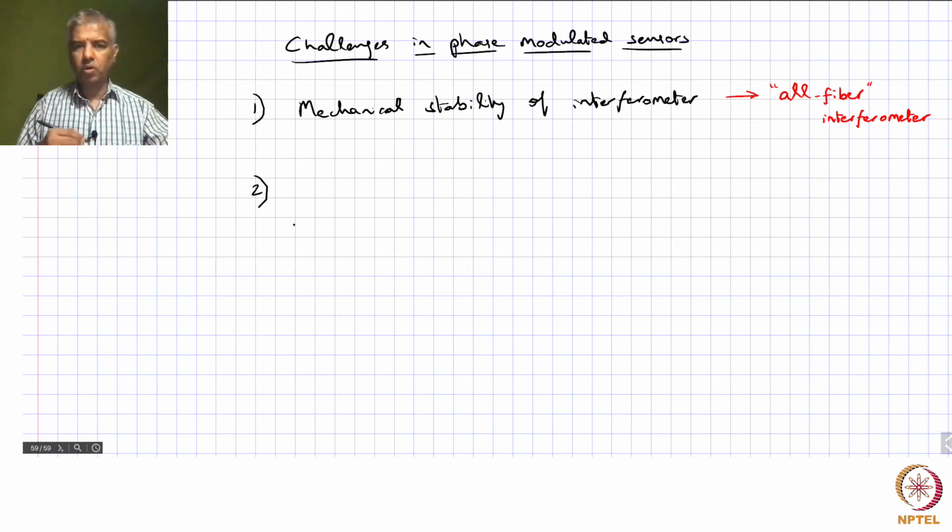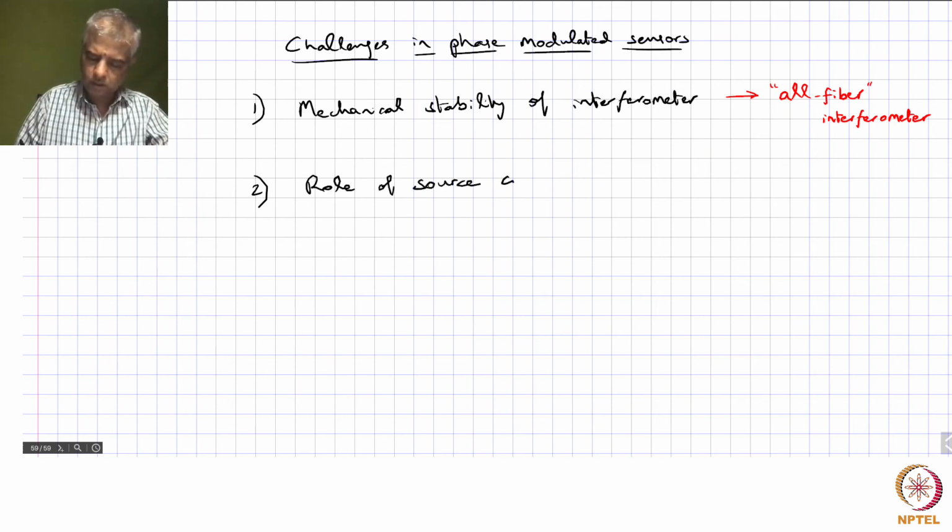And second, what we have just looked at is the role of source coherence.